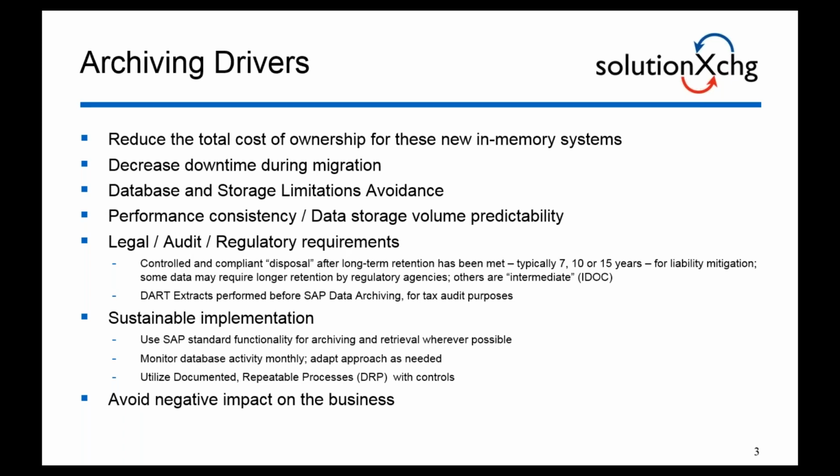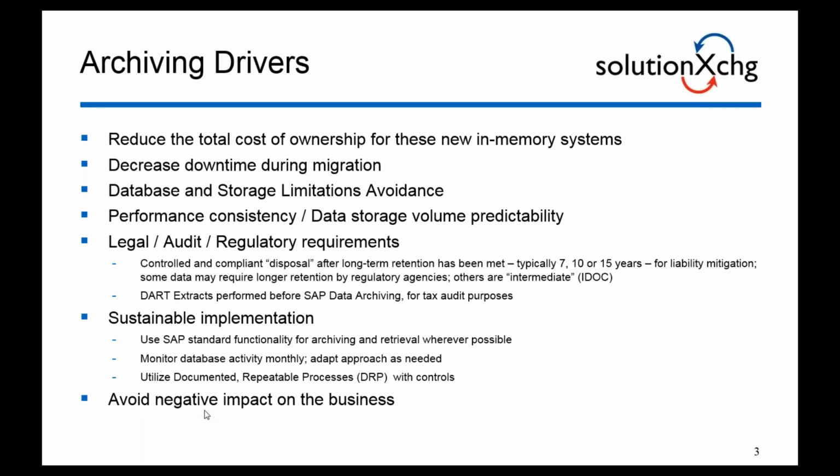And also, another key here is to avoid negative impacts on the business. The key to that is to involve your key business users, your decision makers, in the testing process. Throughout the project, you want to make sure that they explain to you what their business processes are, and that they test out the retrieval of the data when it's being archived, and test out their key business processes and transactions in the system to make sure that it is not being impacted by the data no longer being in the tables anymore.